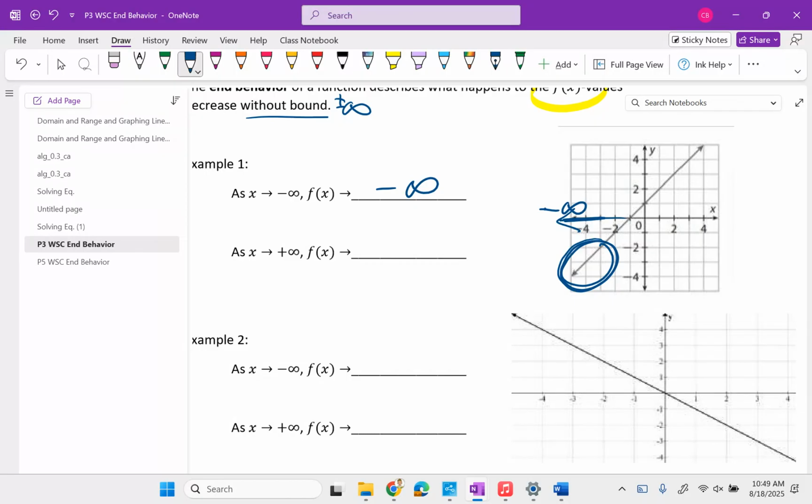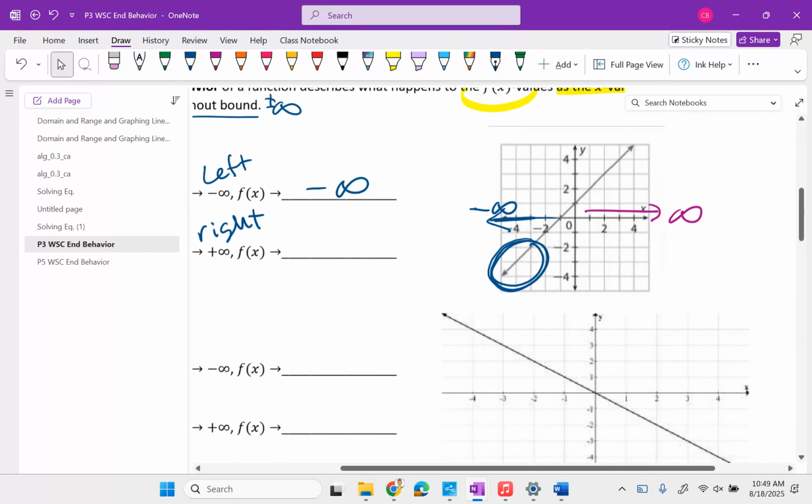Okay? All right. As x is going, so remember, this one means left. So if negative infinity is left, what's positive infinity? That's got to be right. Okay? So as we are going to the right, so as my x is going this direction, towards positive infinity, so the graph is going to the right, where is the y value going?